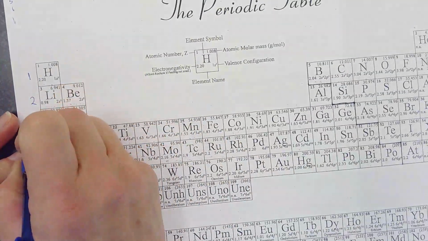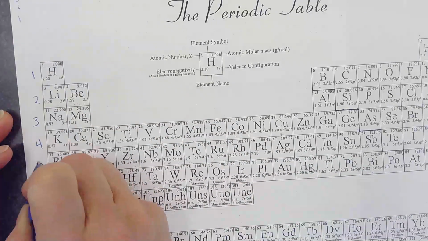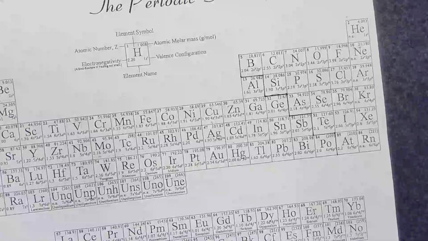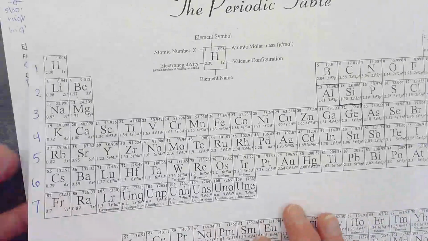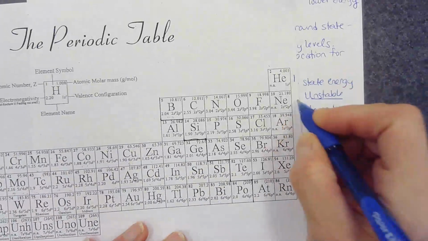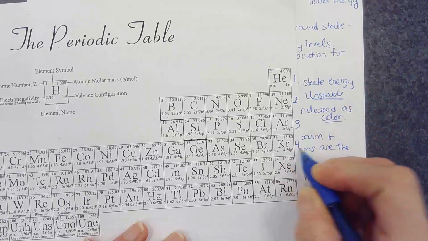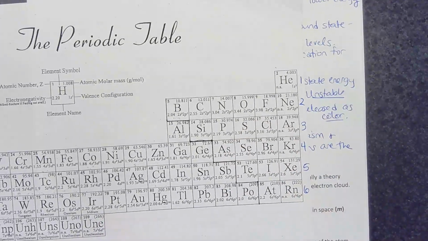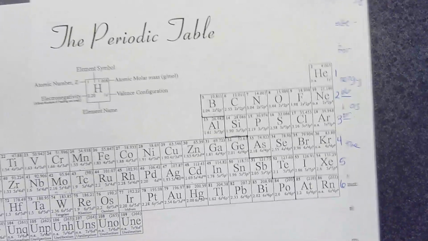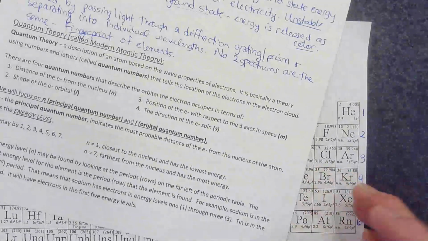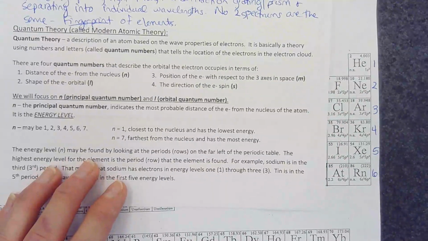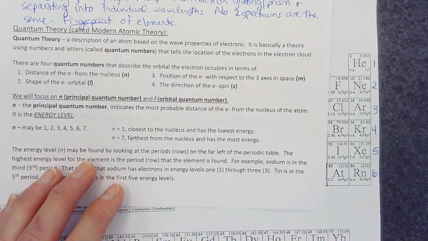So 1, 2, 3, 4, 5, 6, 7. And if you want to make it easy on this side, do the same thing: 1, 2, 3, 4, 5, and 6, just because it doesn't finish the row, and that's okay. All right. So the energy level may be found by looking at the periods on the far left of the periodic table.